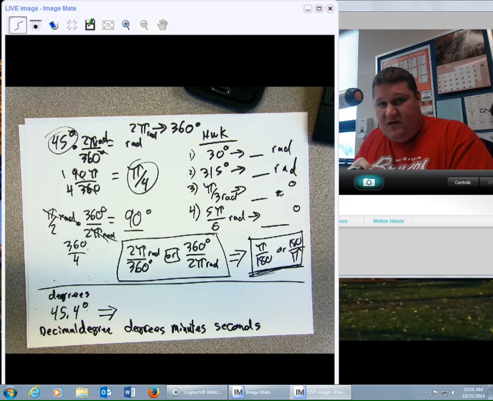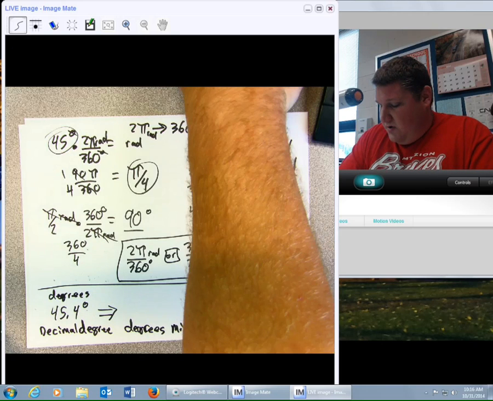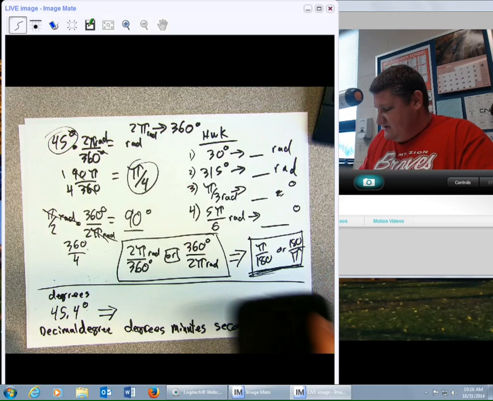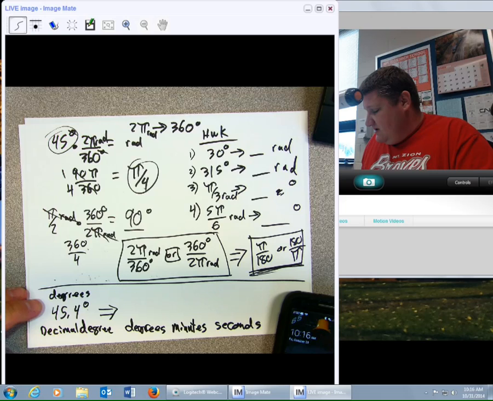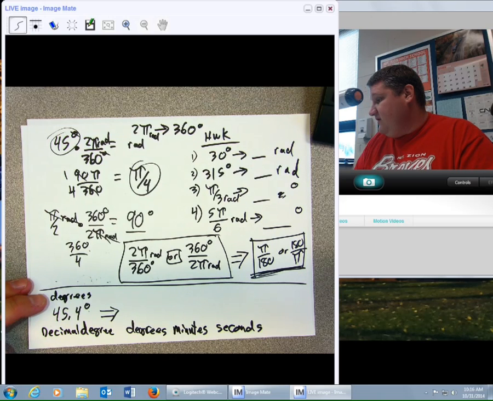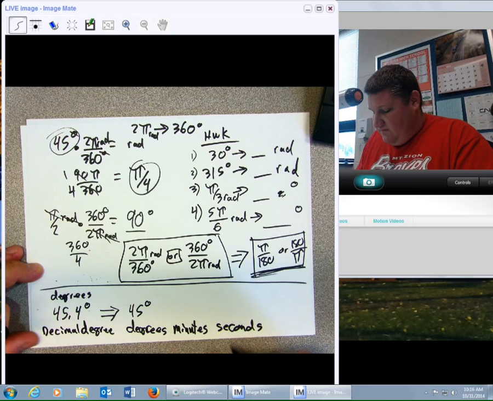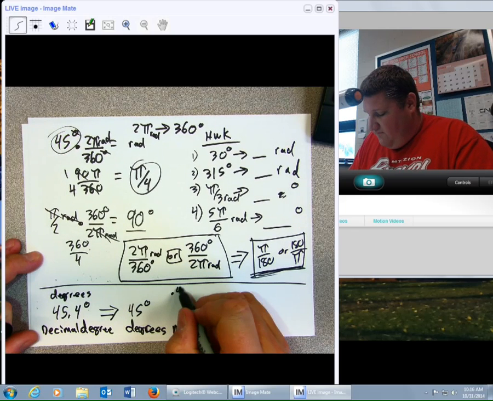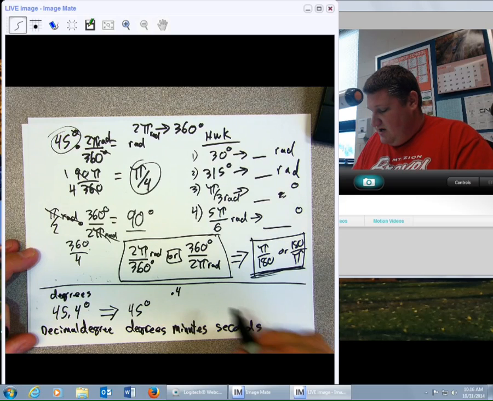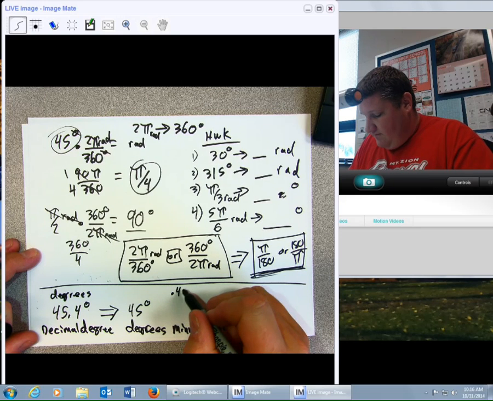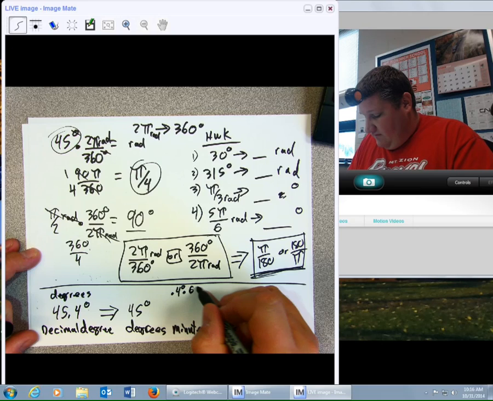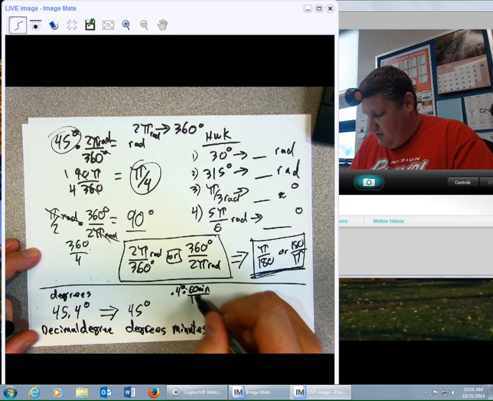So if I have this, 45.4, what I'm going to do is I'm going to say, how many degrees do I have? Well, my degrees are going to be 45 regardless. So I have 45 degrees. Now that leaves me with 0.4. So to change 0.4 into minutes, I'm going to say there are 60 minutes in 1 degree. Well, the degrees cancel out. I take 0.4 times 60.